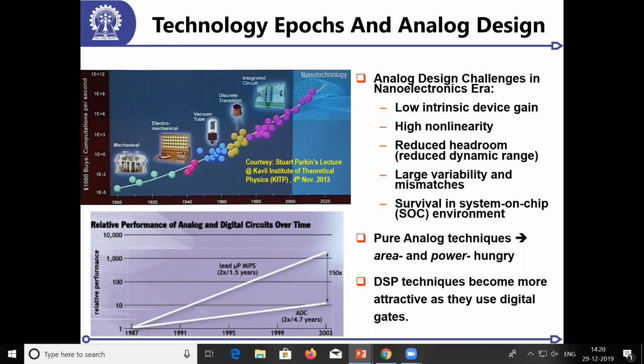We went from mechanical to electromechanical in the 1930s, 40s, to vacuum tubes in the 40s, 50s. And with vacuum tubes, we landed on the moon. That's how the moon landing happened, with vacuum tubes, and barely the transistors, the BJTs, had come in.